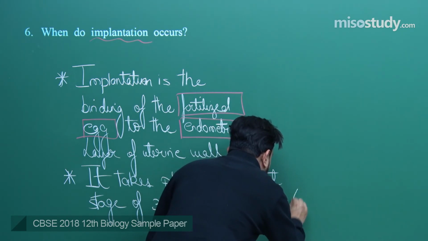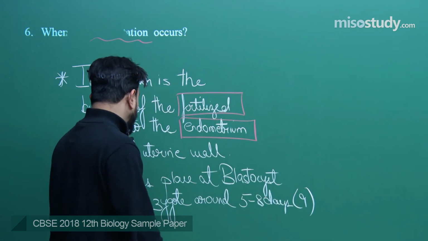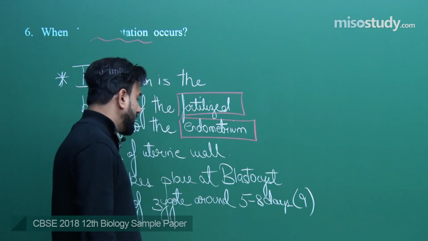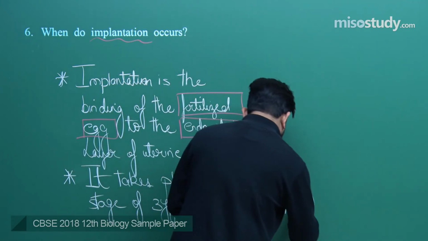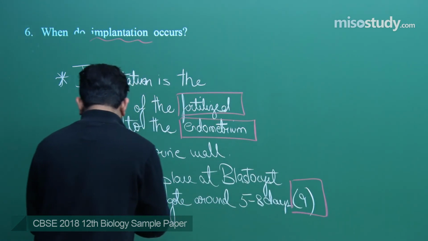Generally, the average we take is 9 days after ovulation.